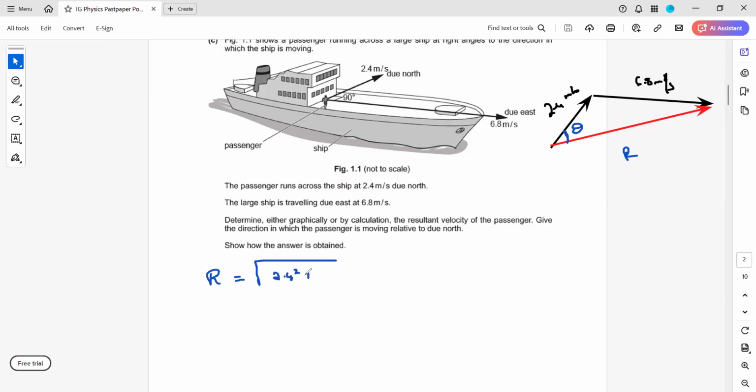So it will be the square root of 2.4 squared plus 6.8 squared, which is 7.2 meters per second. The two vectors are 90 degrees to each other, mutually perpendicular.